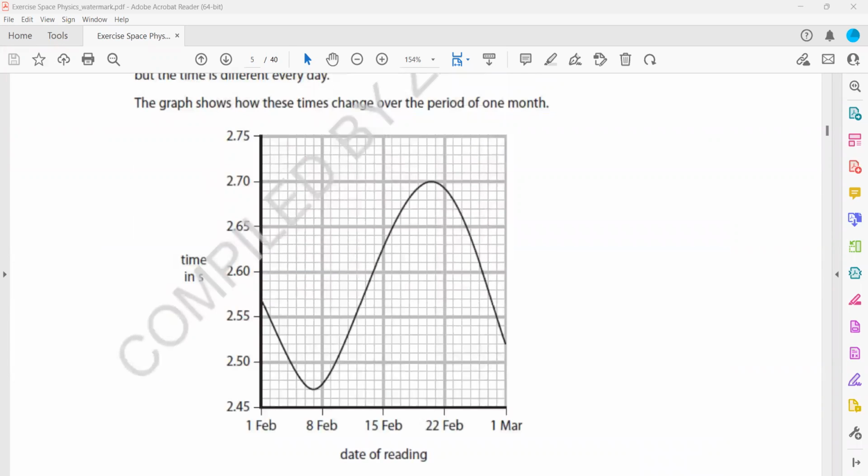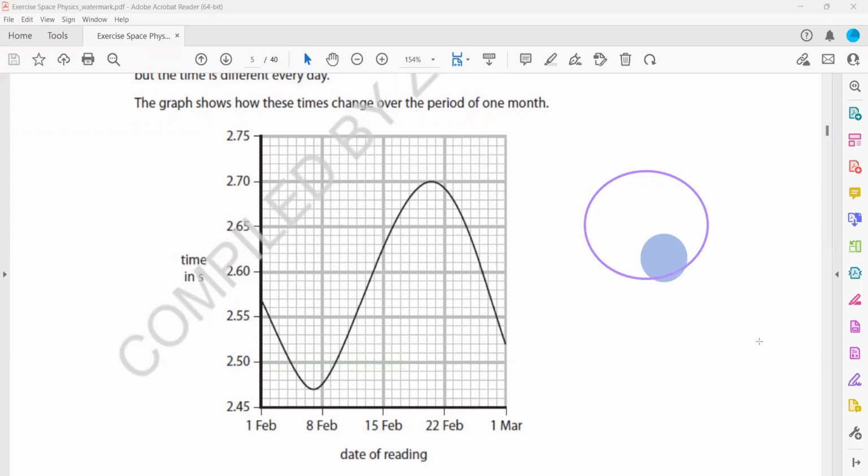So first, we can say that the orbit of the moon is not circular. It is increasing and decreasing, that's true, but why? Because the orbit is not circular.